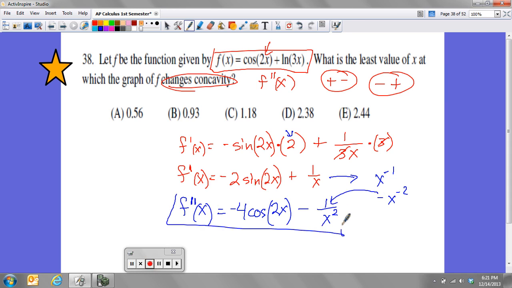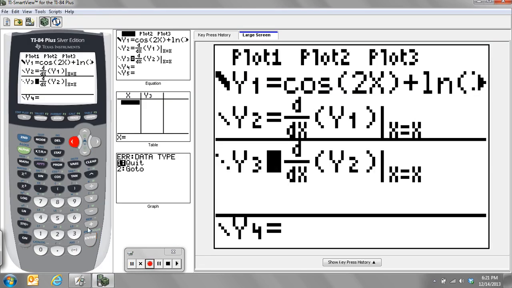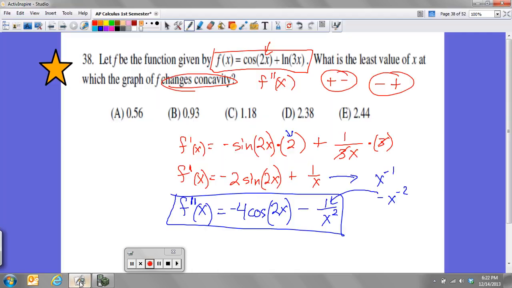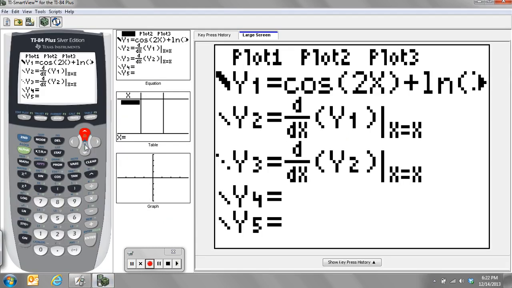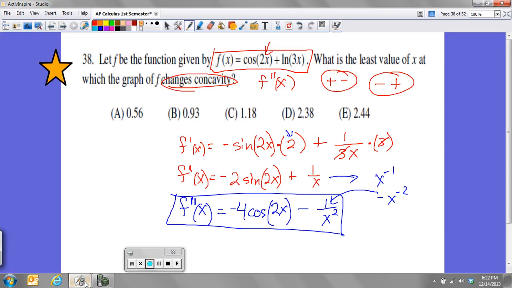Now, like I said, if I graph this in y1, let me first turn off my second graph because I don't need it anymore. We're going to go to y1, and we're going to graph our second derivative that we solved by hand. So it's going to be negative 4 cosine of 2x.